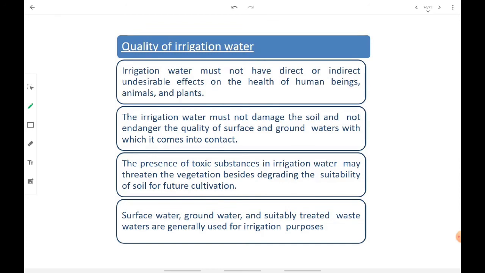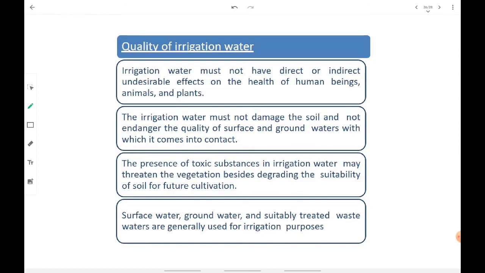All the minerals which are present in the irrigation water are going to drip down, going to the groundwater level with the help of capillary action, and all the minerals are going to get mixed with the groundwater, and groundwater has its own composition, and when you are artificially mixing some mineral, the overall balance of the groundwater nature is going to get disturbed. Okay, that's why the irrigation water should be safe for plants, animals, humans, also the soil and also the groundwater table which is present in the farmland.